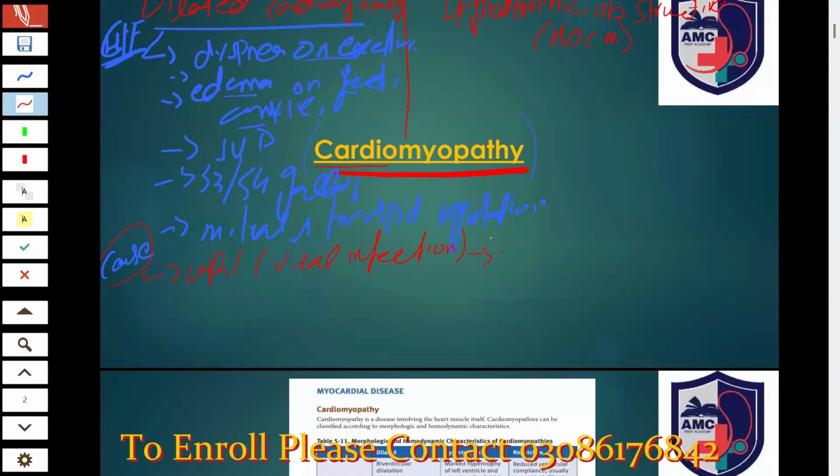The patient had an upper respiratory tract infection a few days ago, and later on presents with post-viral myocarditis. So this will be included in history, but most of the time the cause is of unknown etiology. In some cases alcohol is also a cause. But in most cases, 80%, etiology is unknown.